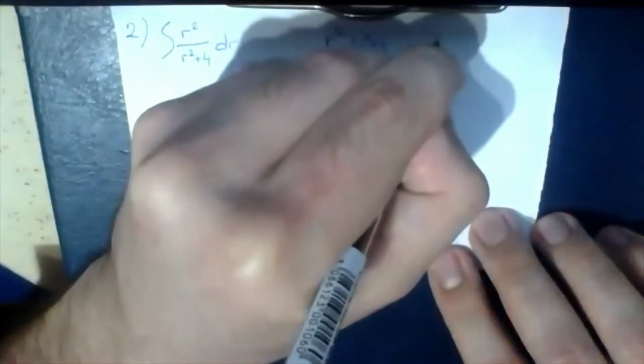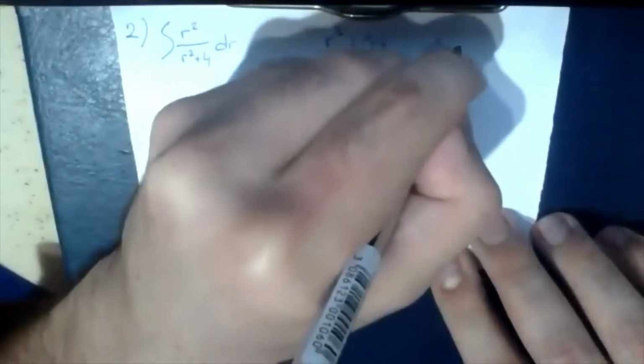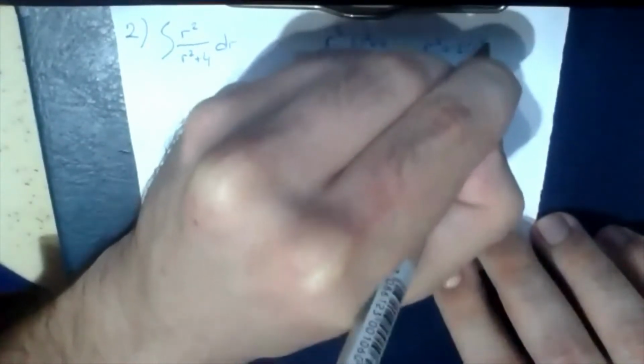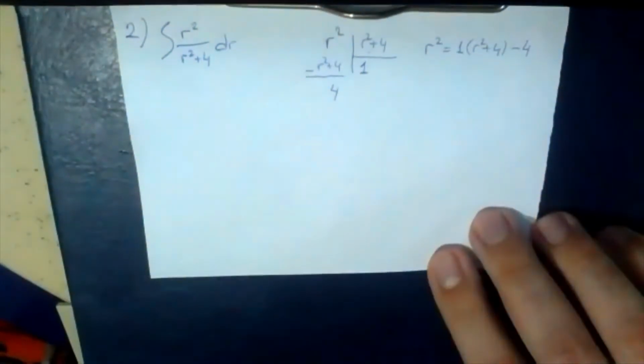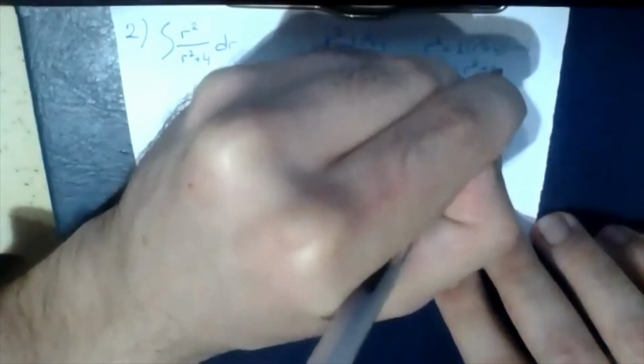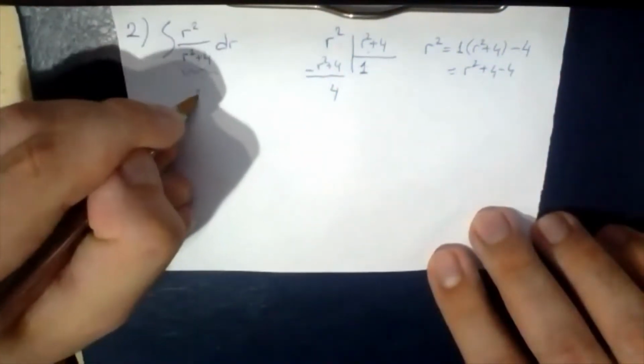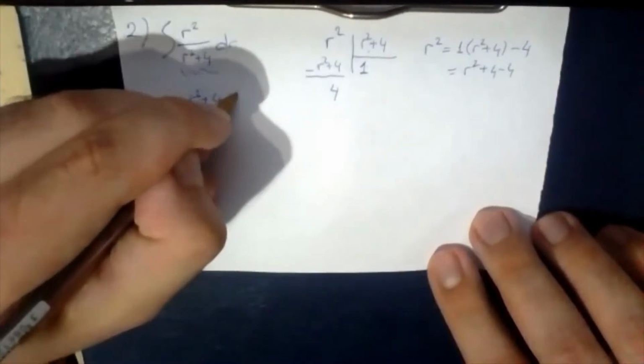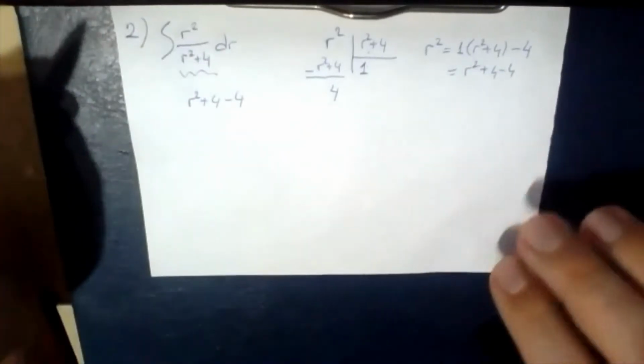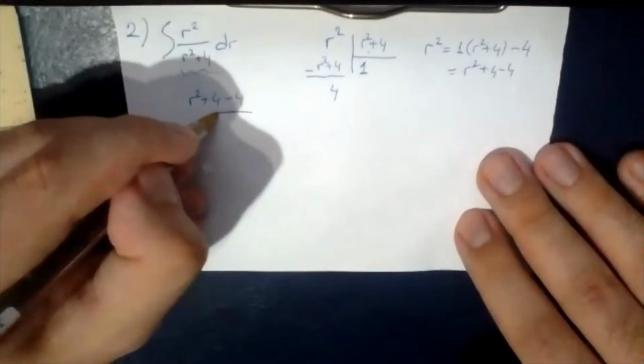So r squared will be equal to 1 times (r squared plus 4) minus 4. When we write it here, r squared plus 4 minus 4. For the first time, I am writing everything in detail.